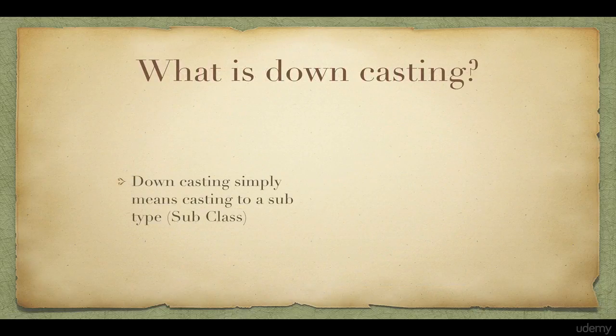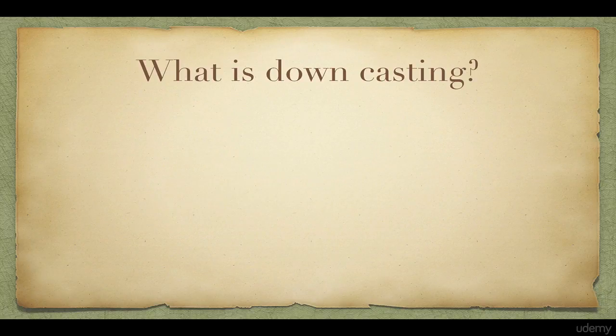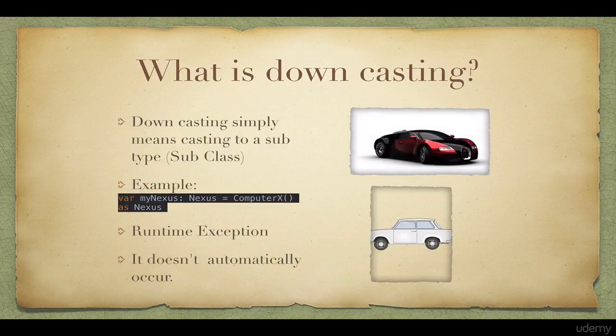Downcasting simply means casting to a subclass. So now let me give you a real world example. Assume that we have a variable, its name is myNexus, and this variable expects an object of type Nexus, okay?